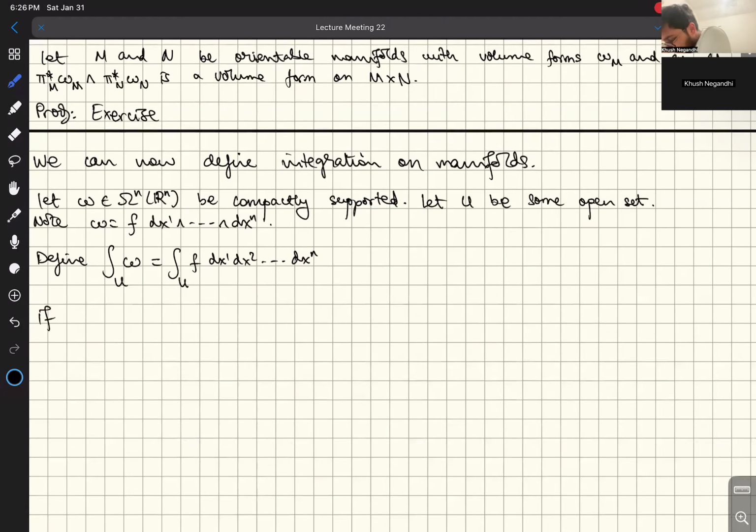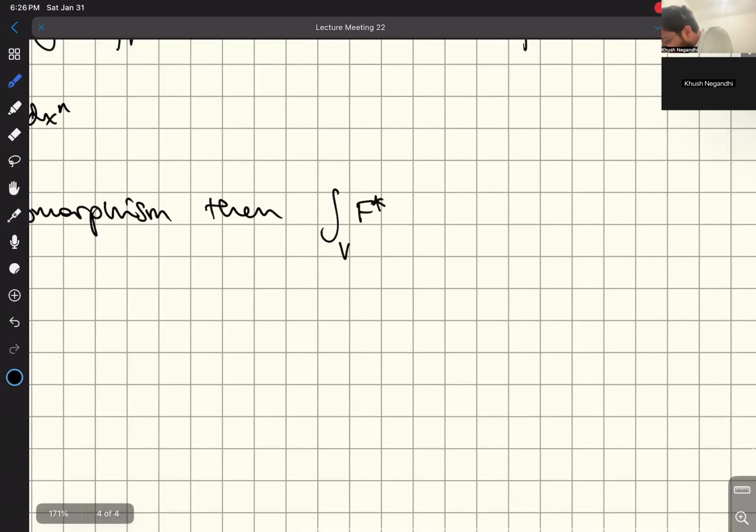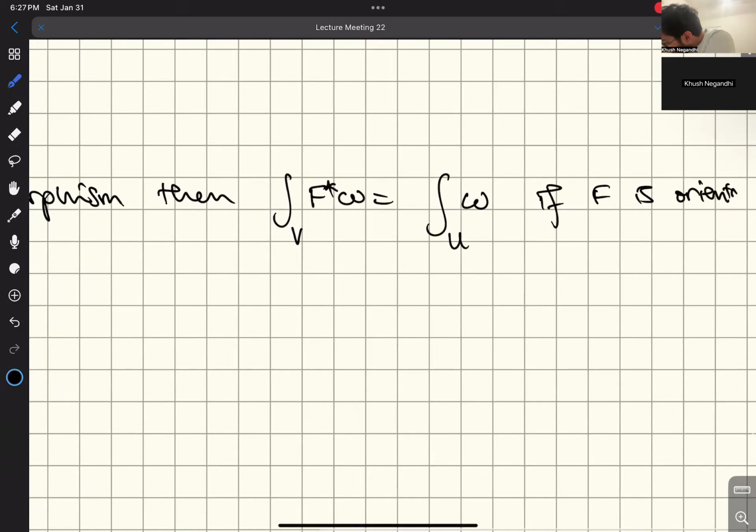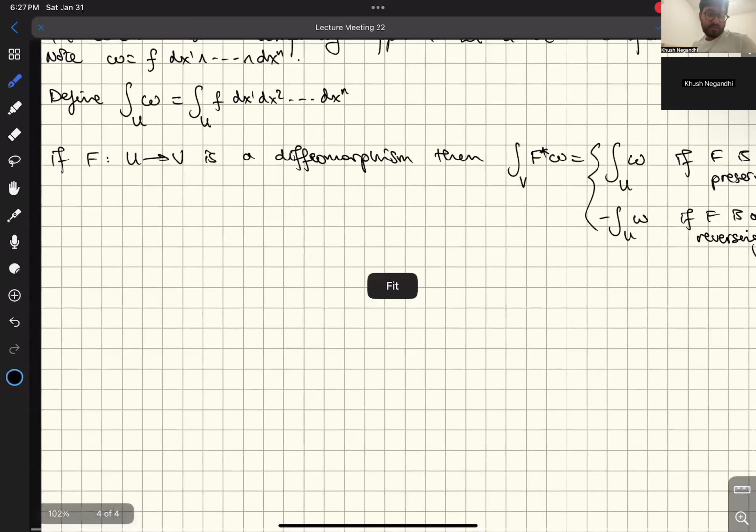If f from U to V is a diffeomorphism, then the integral over V of the pullback of omega is equal to the integral of omega over U if f is orientation preserving, and it equals negative this if f is orientation reversing. And this follows from the change of variable formula.